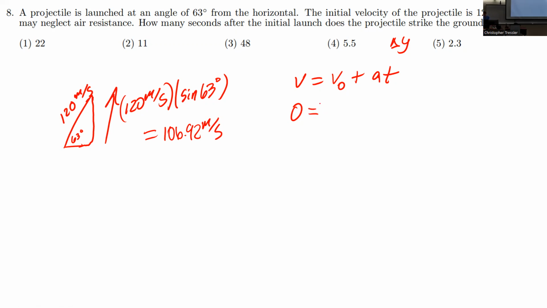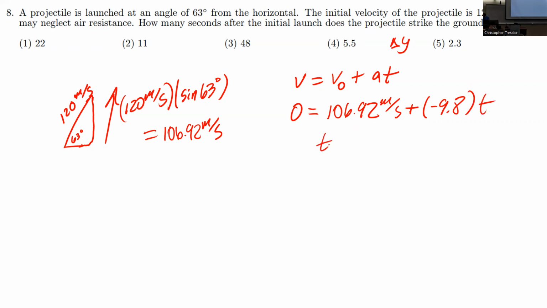So 0, our initial velocity, I said, is 106.92 meters per second, plus a is going to be negative 9.8. If we define up as positive, which is why this is positive, we need to define down as negative. That's why the acceleration is negative.